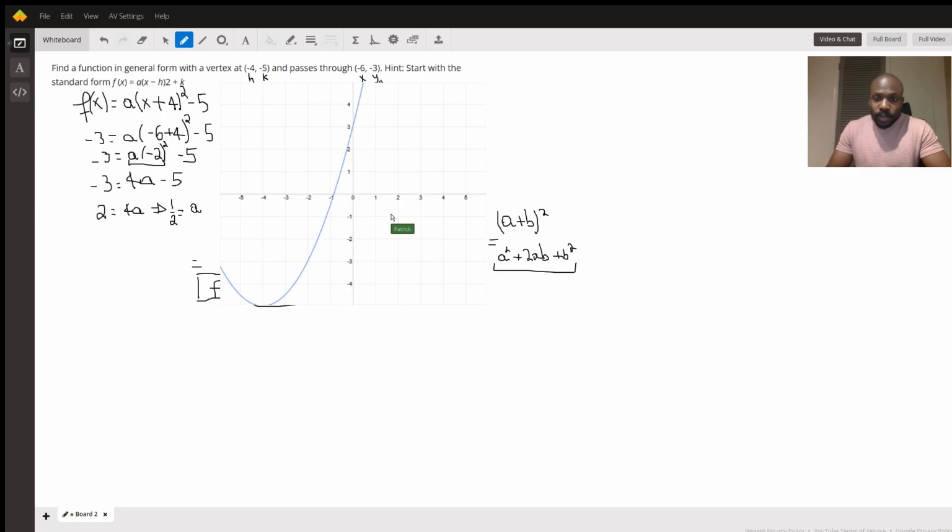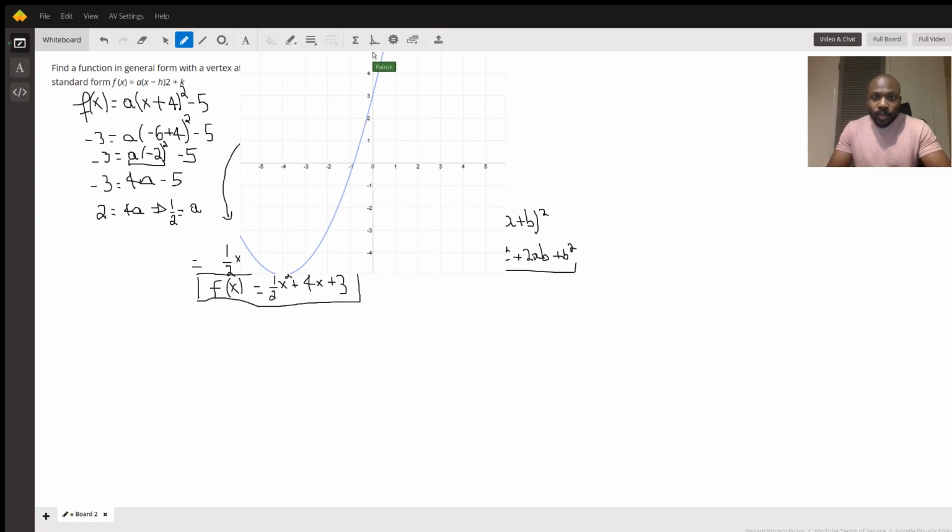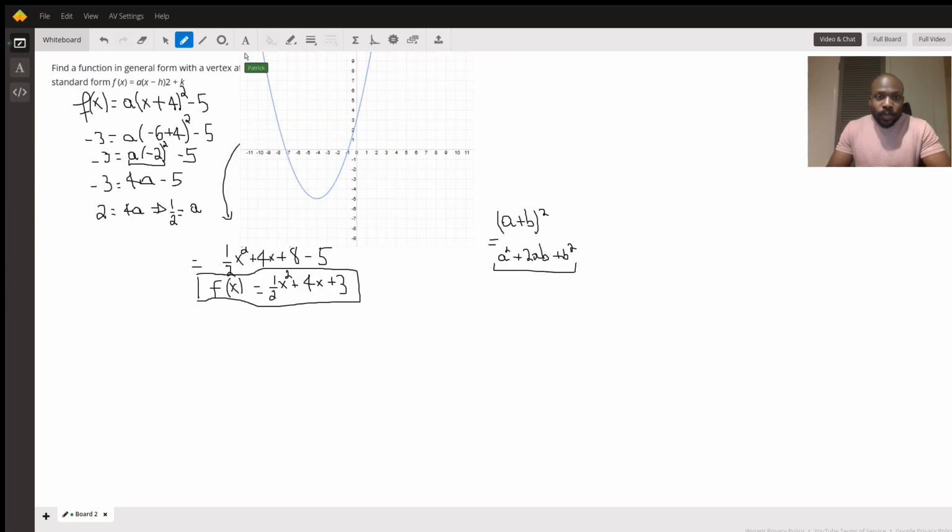And you can see, let's change that. All right, there we go. So you can see -4, -5. If you go left by 4, down by 5, look what we have, our vertex. And then do we have -6, -3 on the graph?